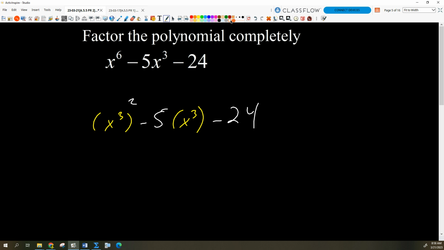So in pieces of x cubed, it looks like a regular old quadratic trinomial: something squared minus 5 times something minus 24. That's a Unit 4 problem, right? What would the magic numbers be here? What do you think, Malin? What do they have to multiply to, the magic numbers? Just the magic numbers.